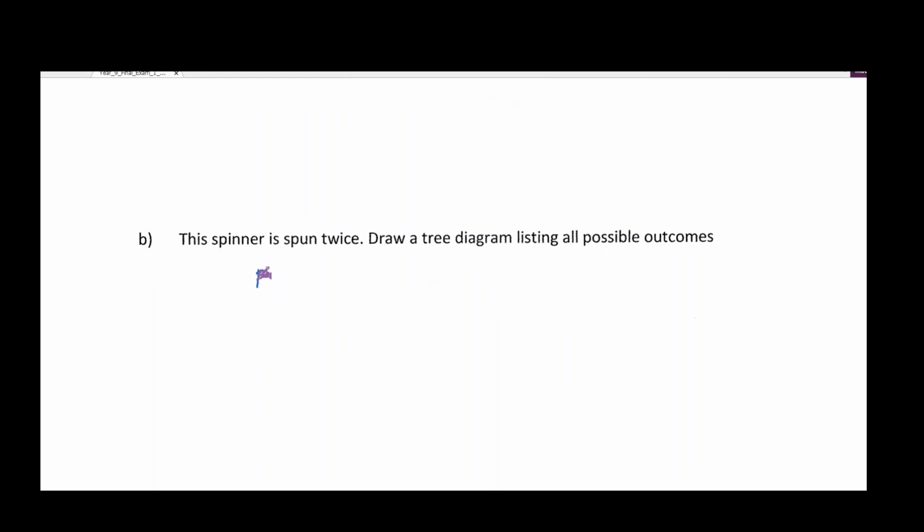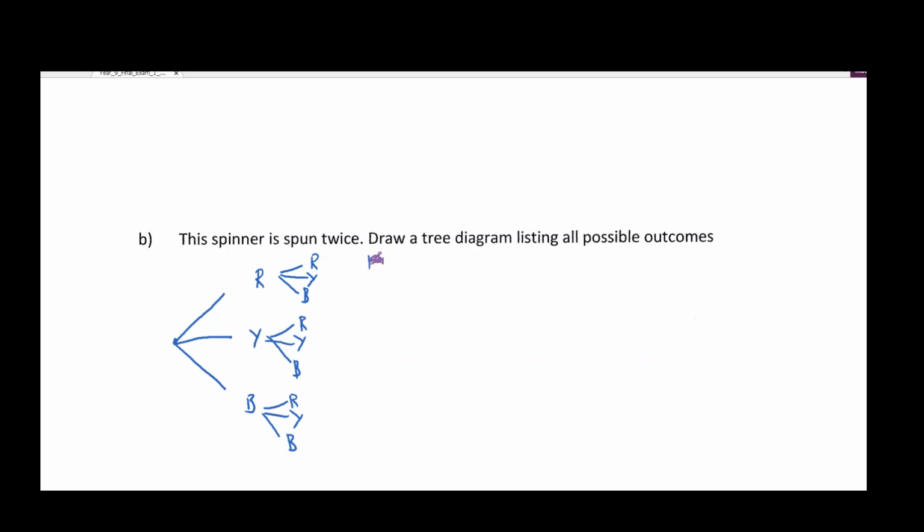So you could have red, yellow, or blue. And the second run, you could have red, yellow, or blue for each.